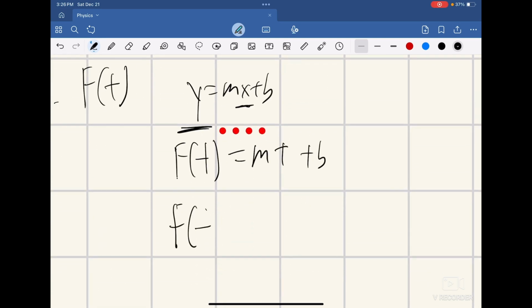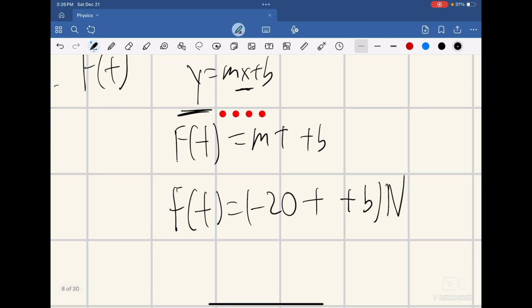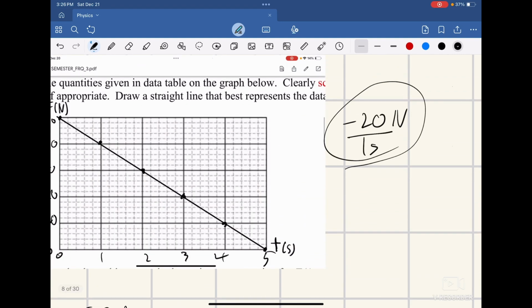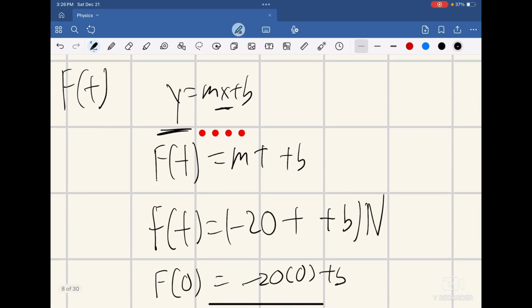F(t) is equal to negative 20t plus b, and to find b we can substitute in 0 for t. F(0) is equal to negative 20 times 0, which is 0, plus b. But we know that at F(0), it is equal to 100.